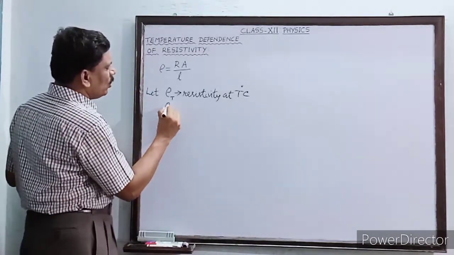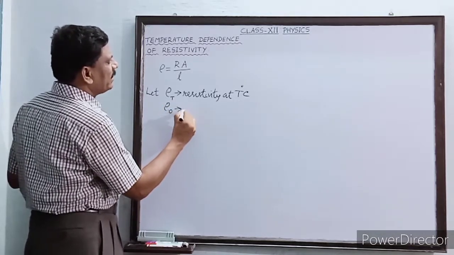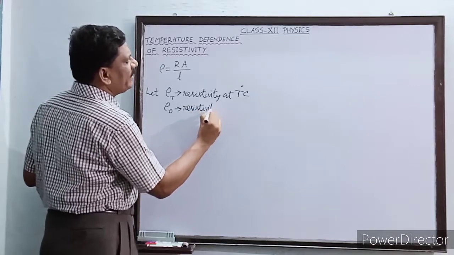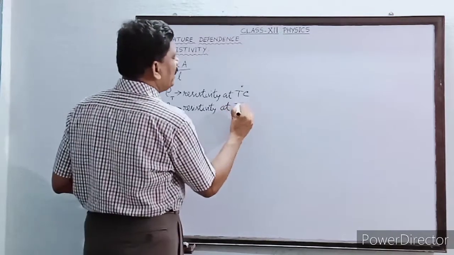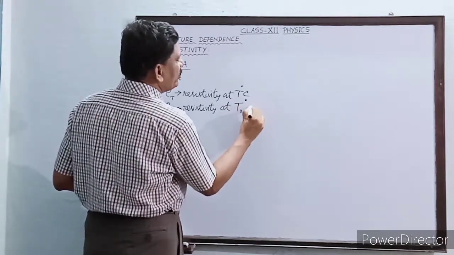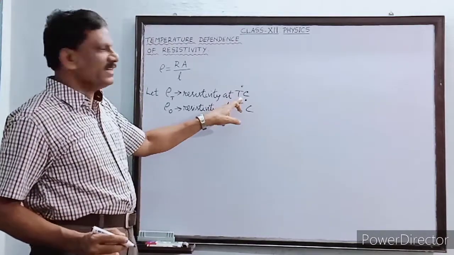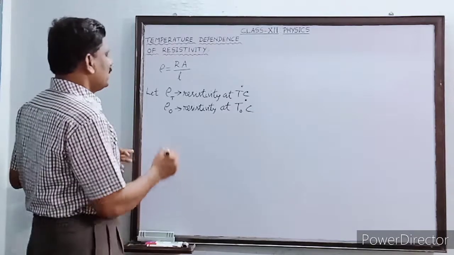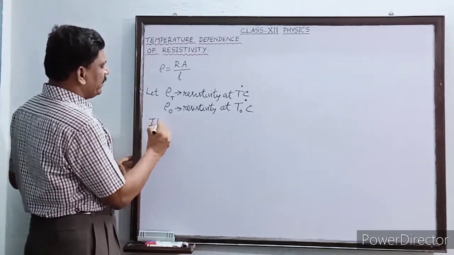Similarly, this rho suffix 0, rho naught, is the resistivity of the same material at some reference temperature T0 degree Celsius. So initially it is at T degree Celsius and this is at T0 degree Celsius.